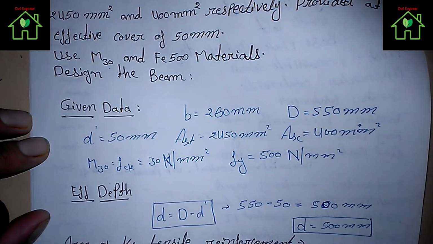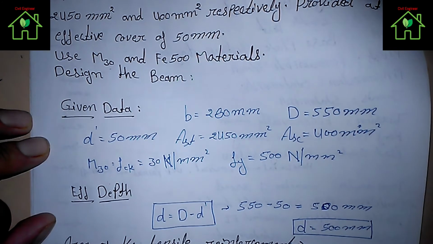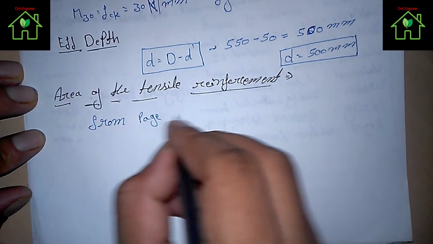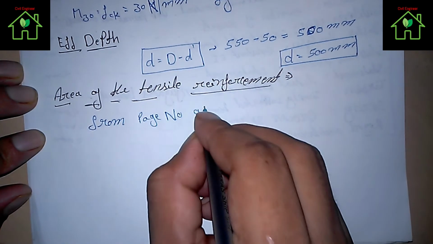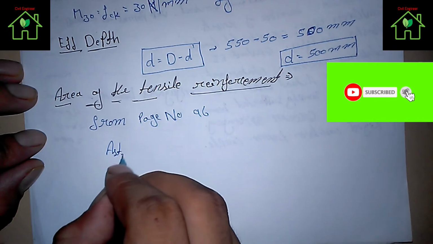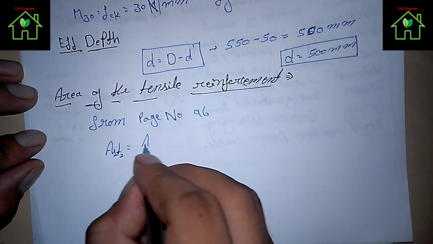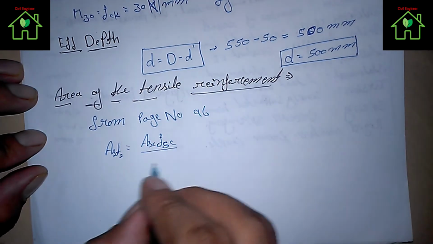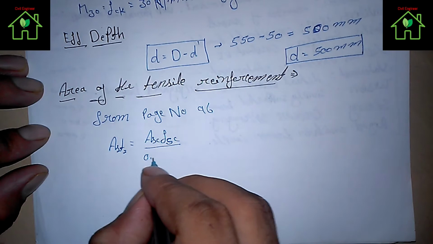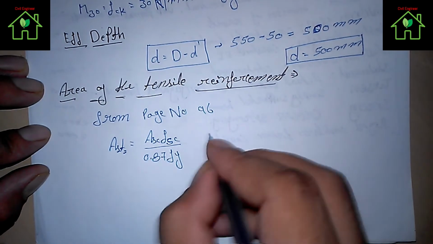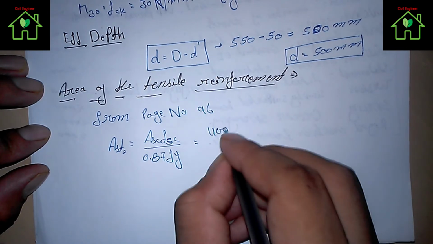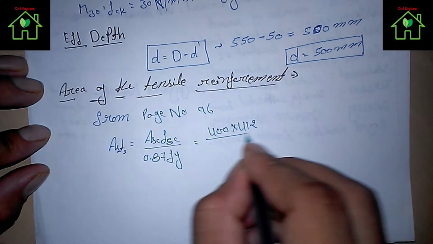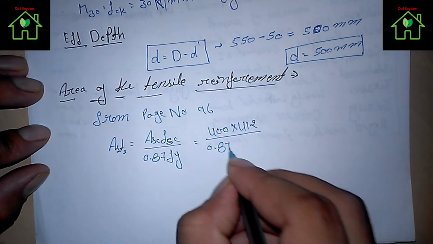After that, we will go on to calculate the area of the tensile reinforcement. So here we will go to page number 96. Ast2 is equal to Asc fsc divided by 0.87 fy. 400 into 412 divided by 0.87 into 500.